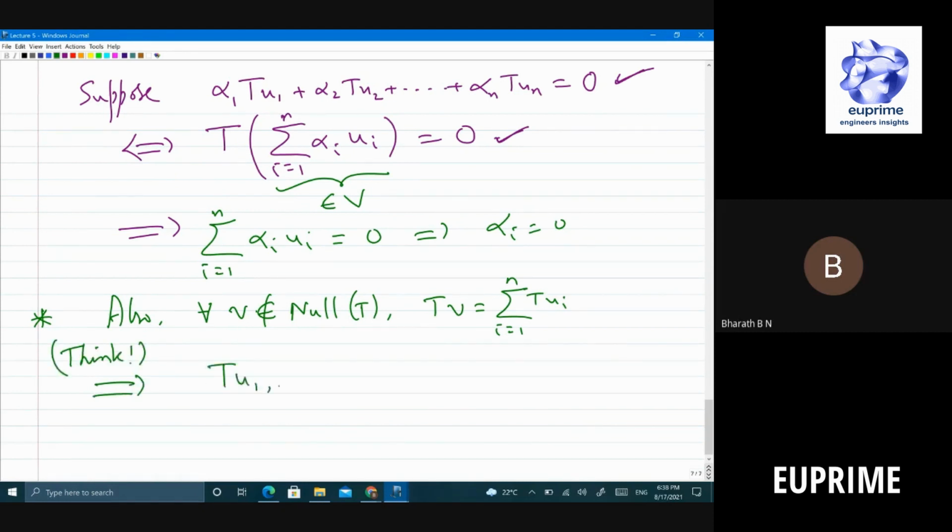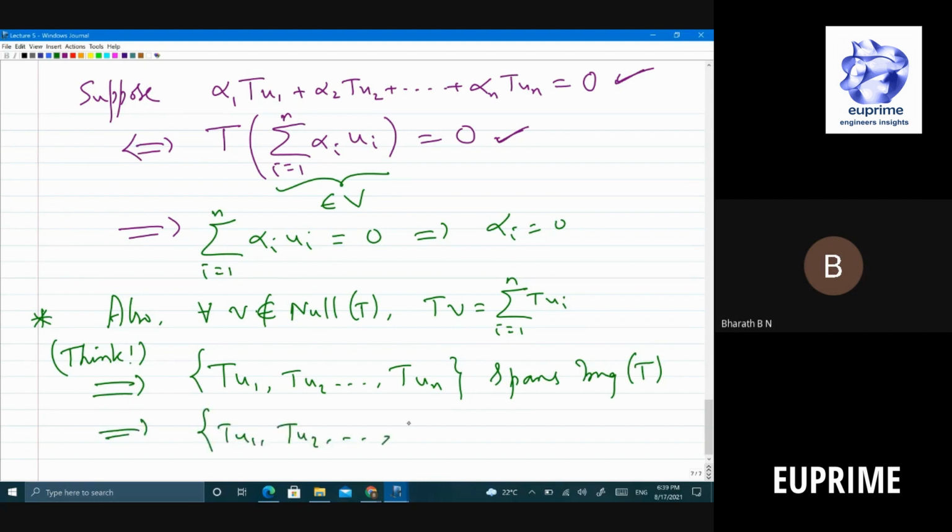TU1, TU2, etc., TUN spans the image of T. You know what image is, right? It spans the image, and it's linearly independent. What does this imply?